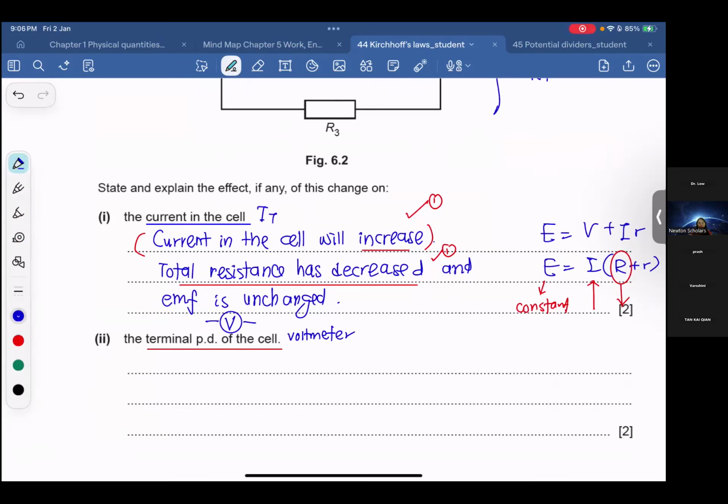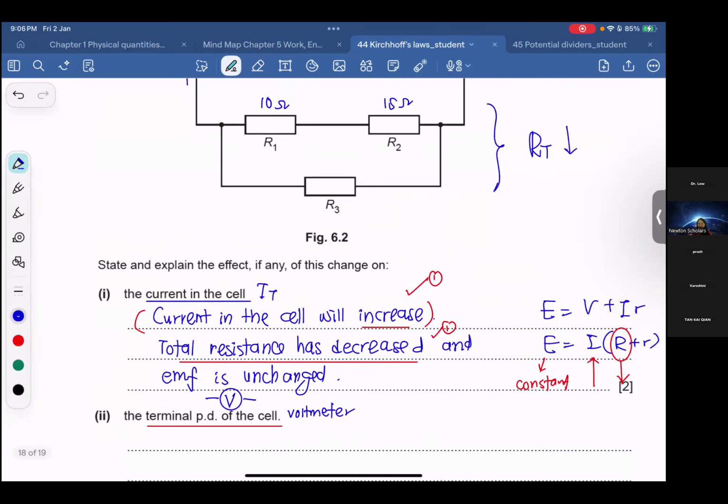If I add one more resistor in the circuit in parallel, how does it affect my voltmeter reading?